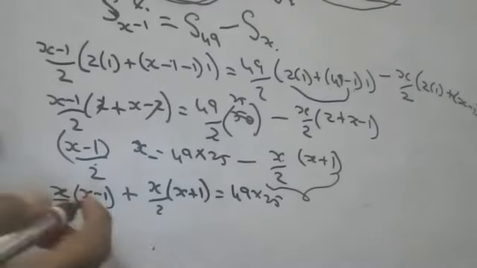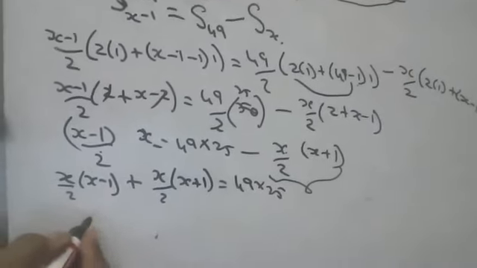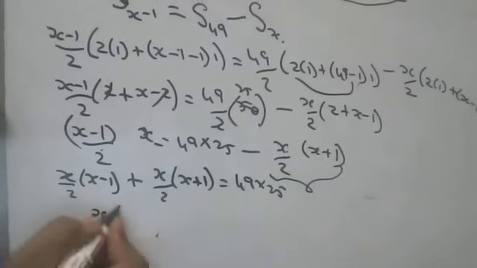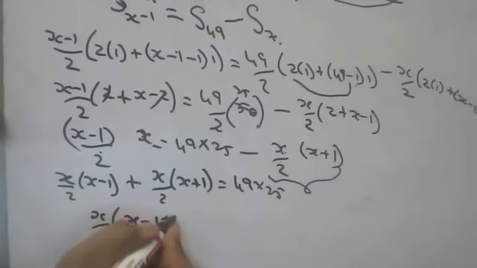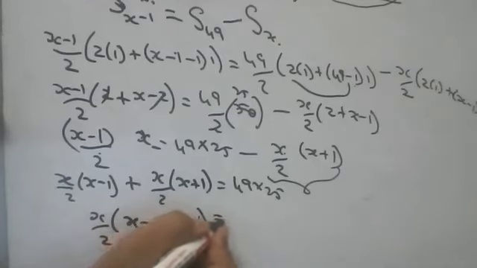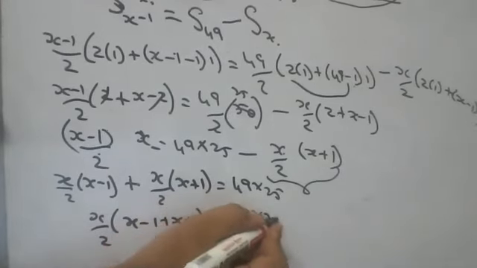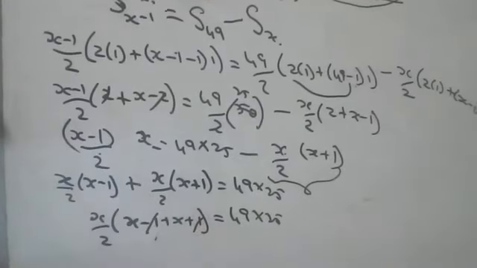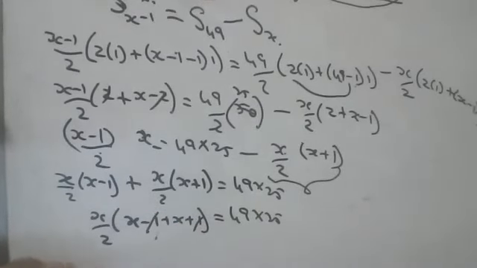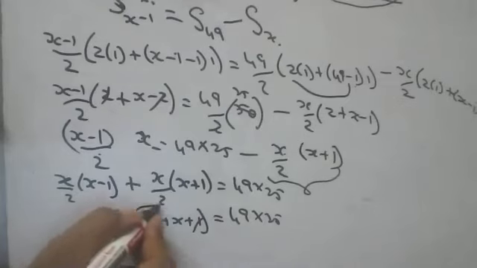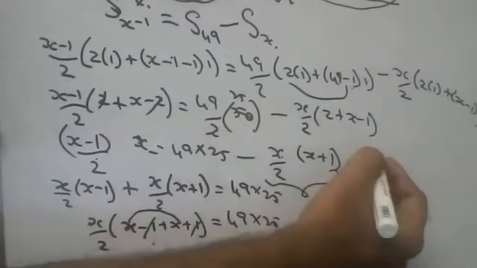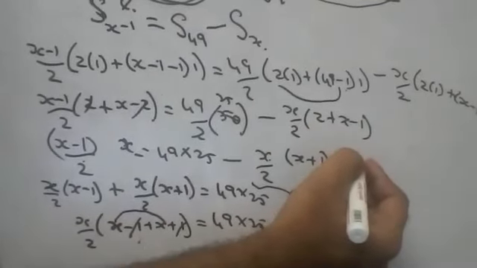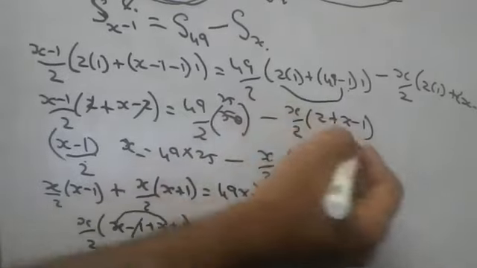Okay, children. I'm taking X by 2 common. X minus 1 plus X plus 1 is equal to 49 into 25. Till here, okay, children? Minus 1 plus 1 cancel. So X plus X is 2X.